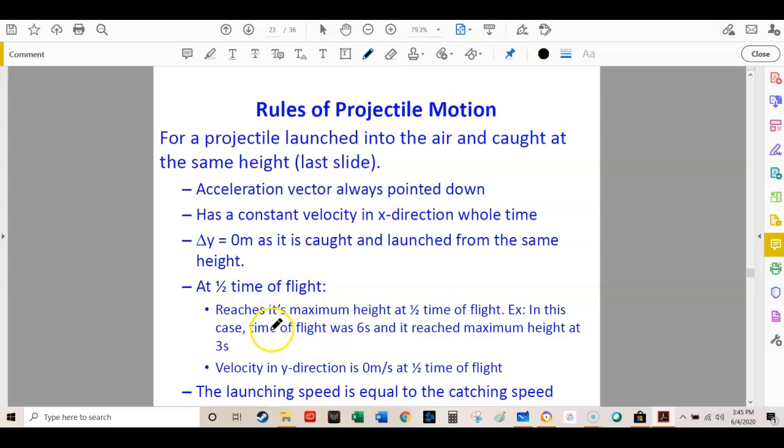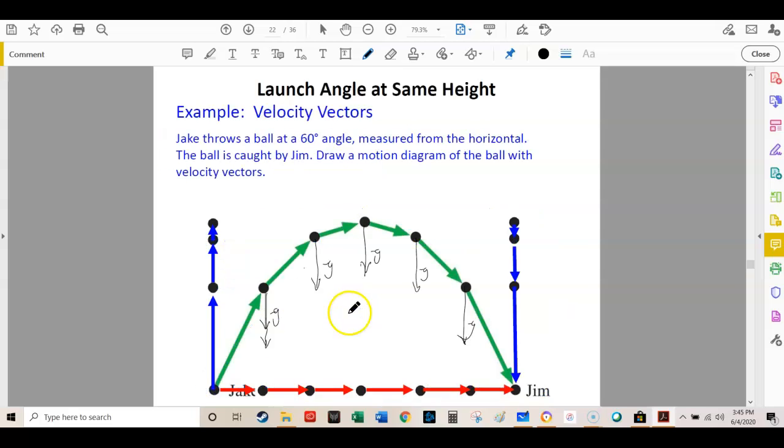And then at the halftime of flight, so in this case, it takes 0 seconds, 1 second, 2 seconds, 3 seconds, 4 seconds, 5 seconds, 6 seconds.